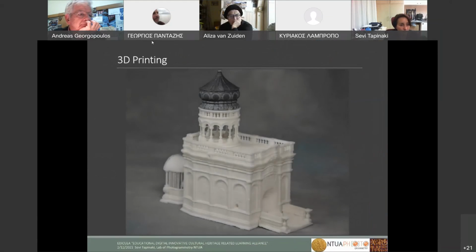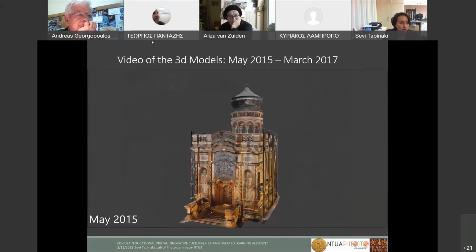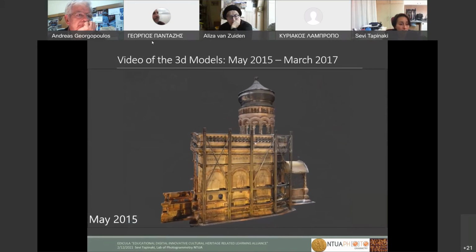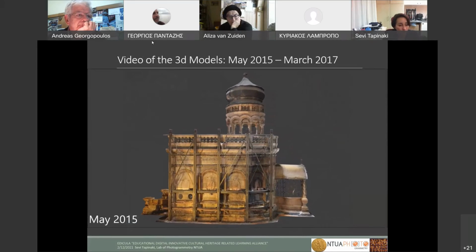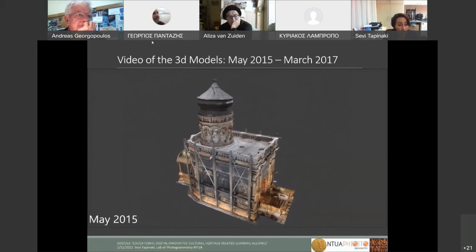And this is the 3D printing that was produced for the needs of the exhibition that took place here in Athens. And this is the video of the 3D models. We have to mention here that this is not a video that we took with a camera.